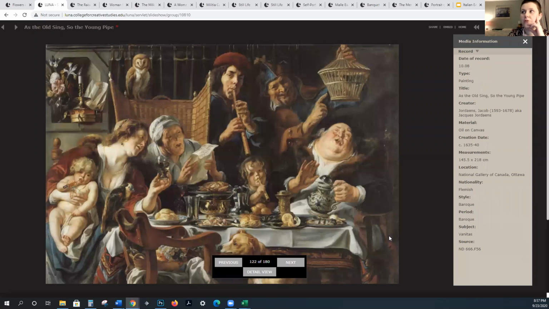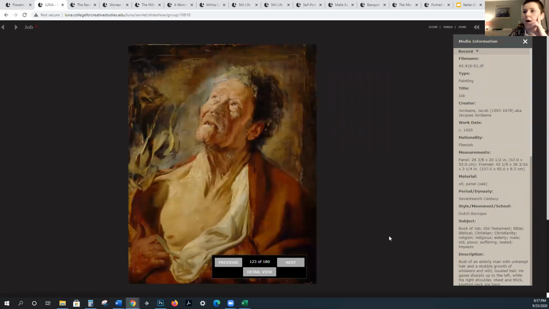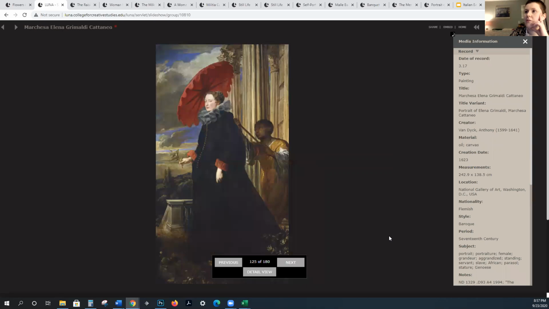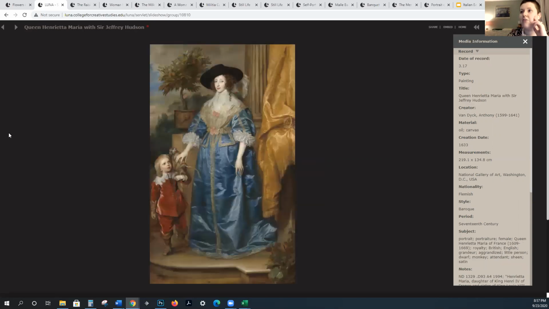This is Jacob Jordaens, a similar artist working in similar fashion. We have Anthony van Dyck, okay, who is somewhat similar to Rubens, and I believe trained under Rubens, but much less emphasis on the physicality. His figures are much more elegant.